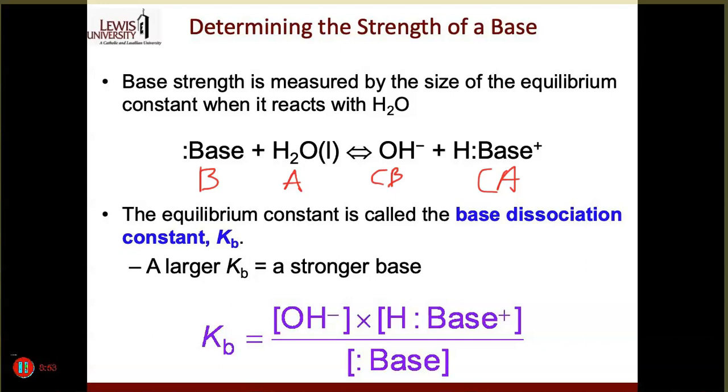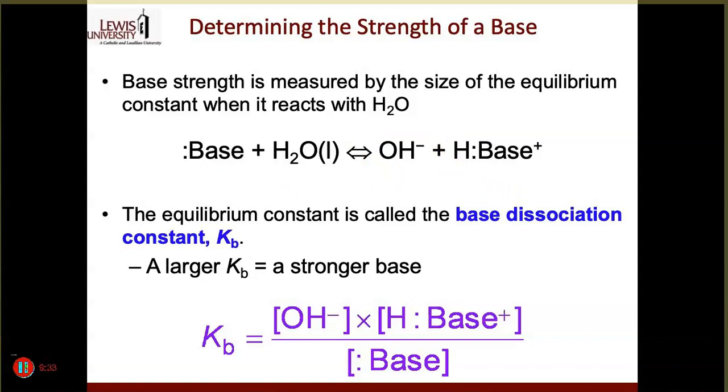So the strength of the base is dictated by the interaction between the conjugate base and conjugate acid. If there is reactivity between OH minus and this conjugate acid, HBase over here, then you'll see a back reaction, and that makes it a weaker base, right? Because it's going to react in the back direction, and the K value is going to be weaker. But if there's really no interaction between these two, we could write this as a single arrow and say it's a strong base.